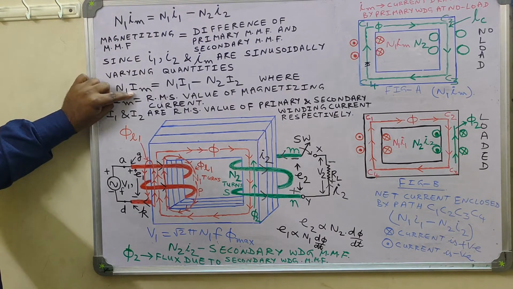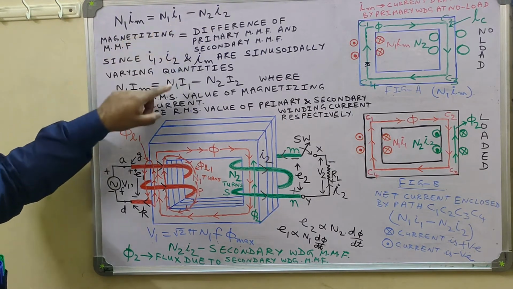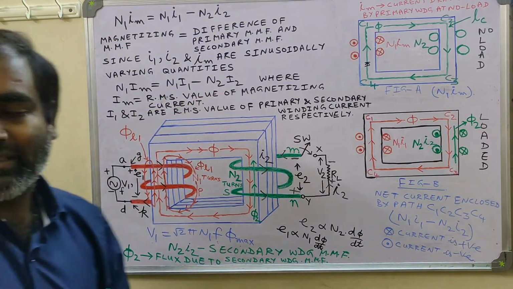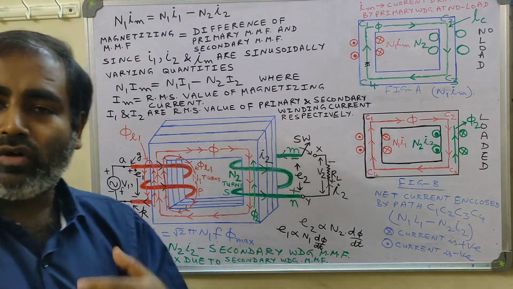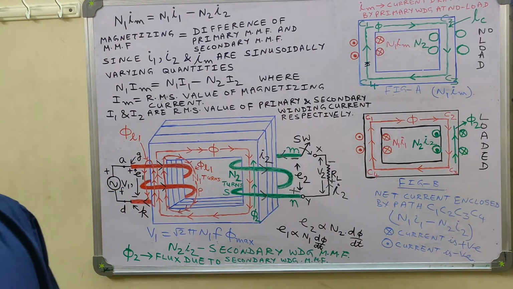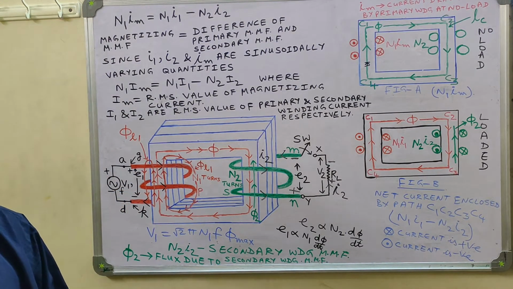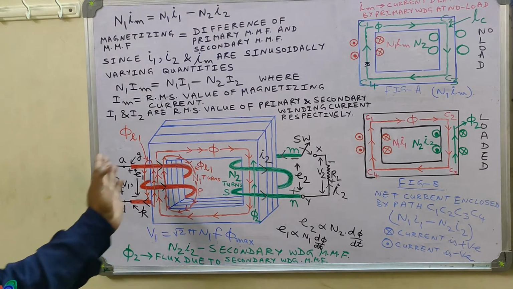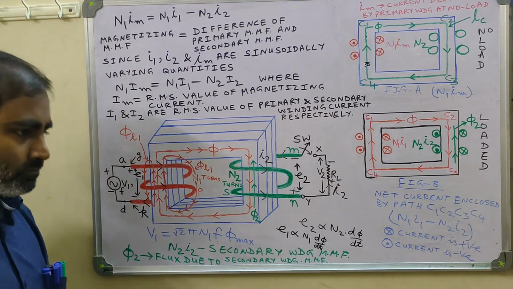The same goes for small I1 and capital I1, and small I2 and capital I2, since the quantities are changing in a sinusoidal way.